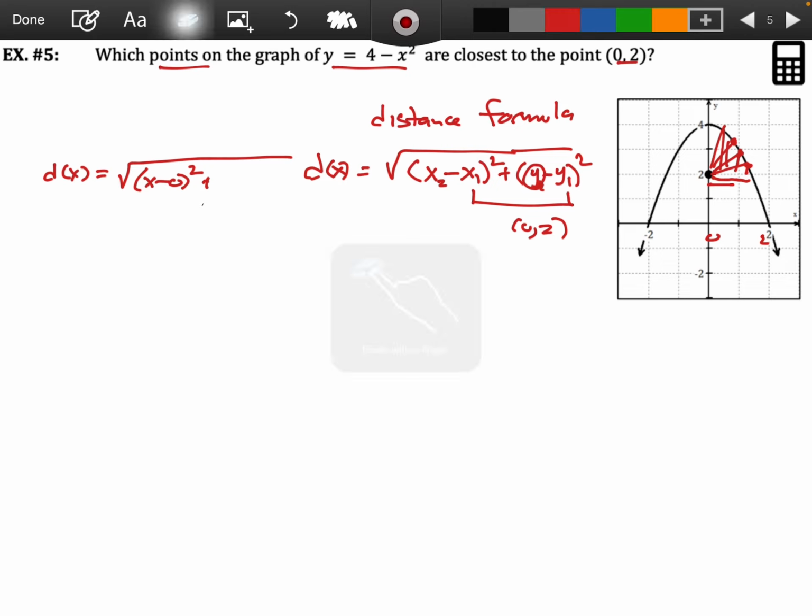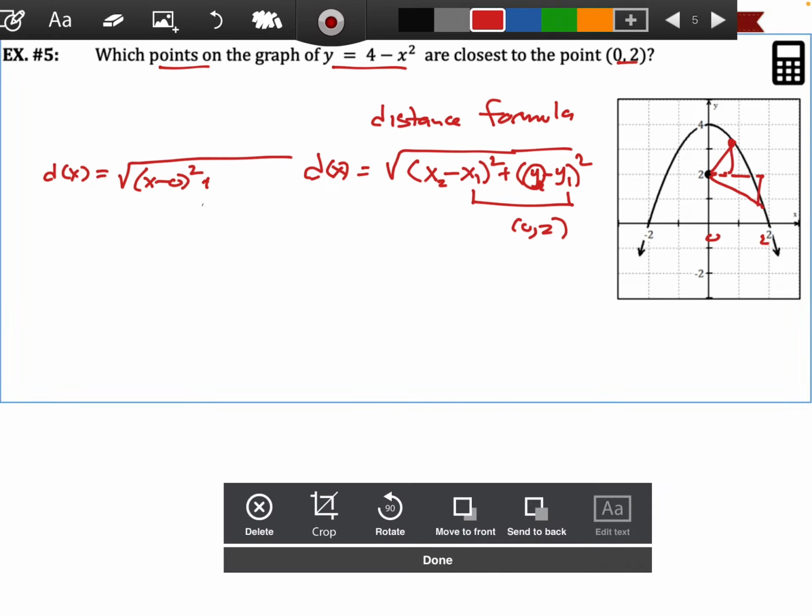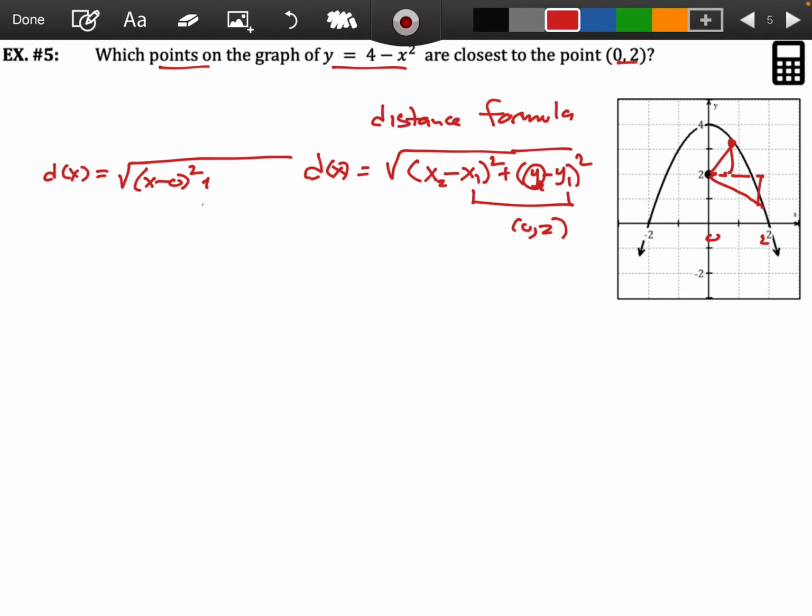That first y is going to be given by the function, because that literally tells us the rise or the fall from that point. So that y value is what's going to give us that change in y. So we're going to say (4 minus x squared) minus 2, and we're going to square that. And that's where that y value comes from in the distance formula.